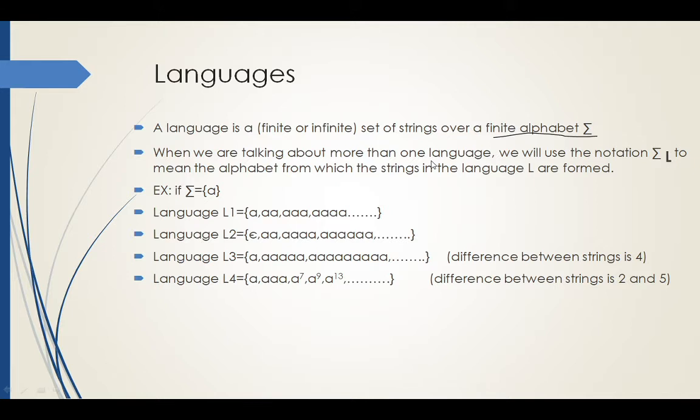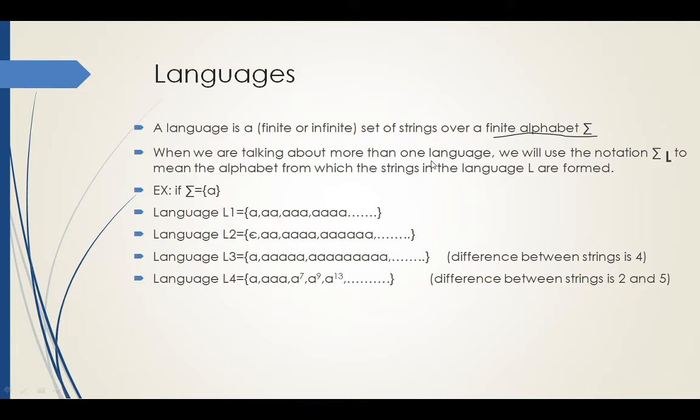For example, if I take abba, the suffixes of the given string are a, ba, bba, and so on. So this is all about the relation on a string.